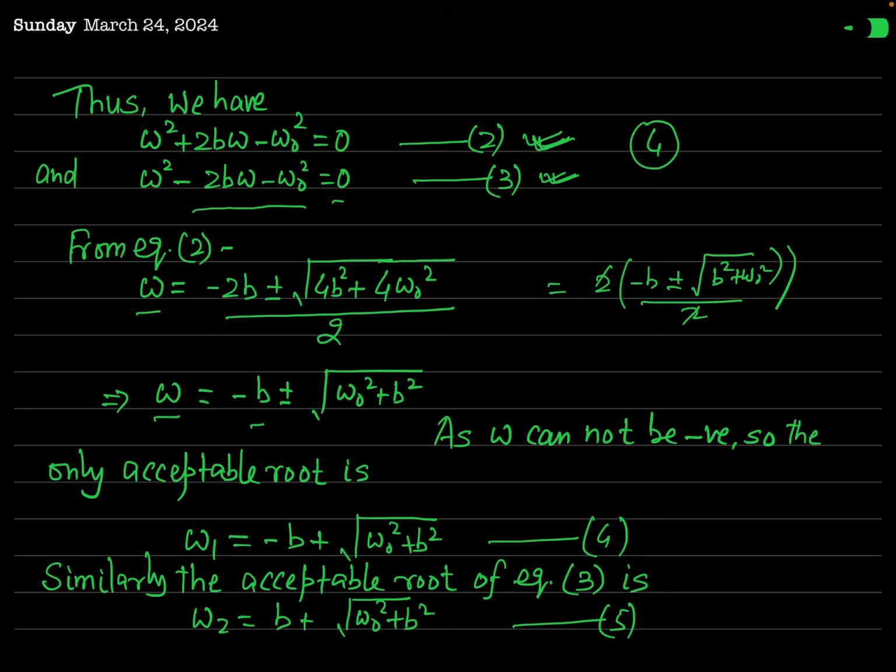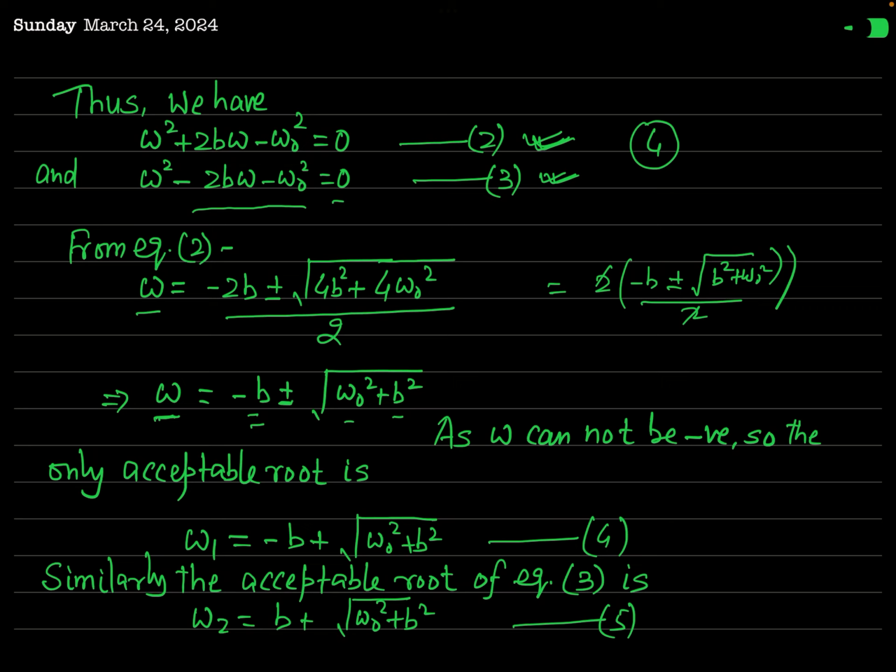Now you can see, taking the plus sign we will have one value of omega, taking the minus sign you will get another value of omega. But when you take this minus sign, both of the terms will be negative. That is minus b, minus root over omega naught square plus b square. So as a whole, omega will have a negative value.